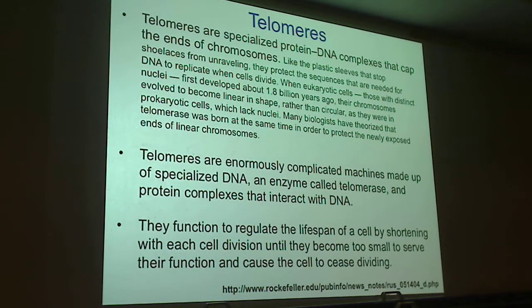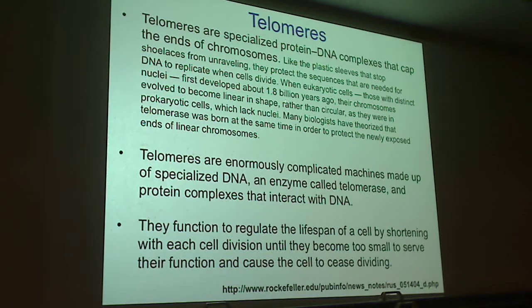I've probably accumulated so much error over all the divisions. I should stop doing it because my fidelity is low. Younger cells should start doing it. Right? So cells stop and they might even kill themselves. And that's called apoptosis, programmed cell death. And a large part of that program comes from the telomeric regions.